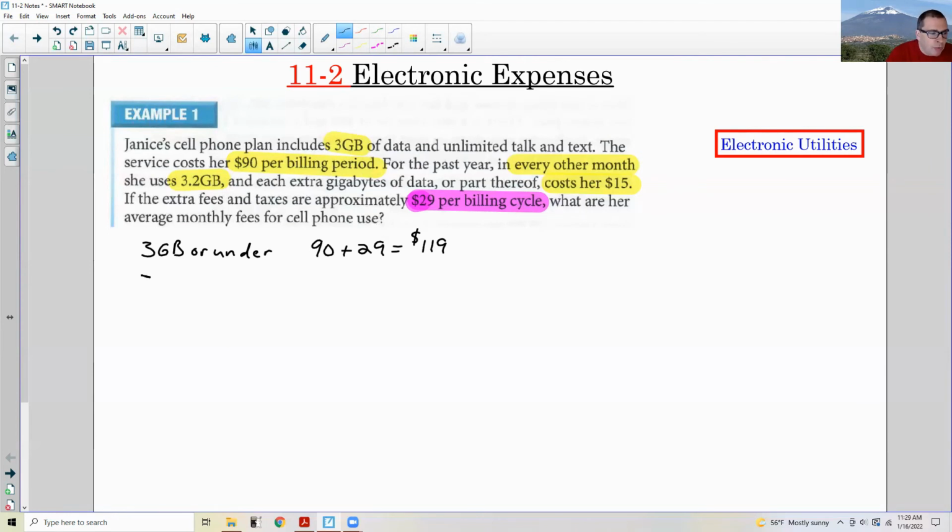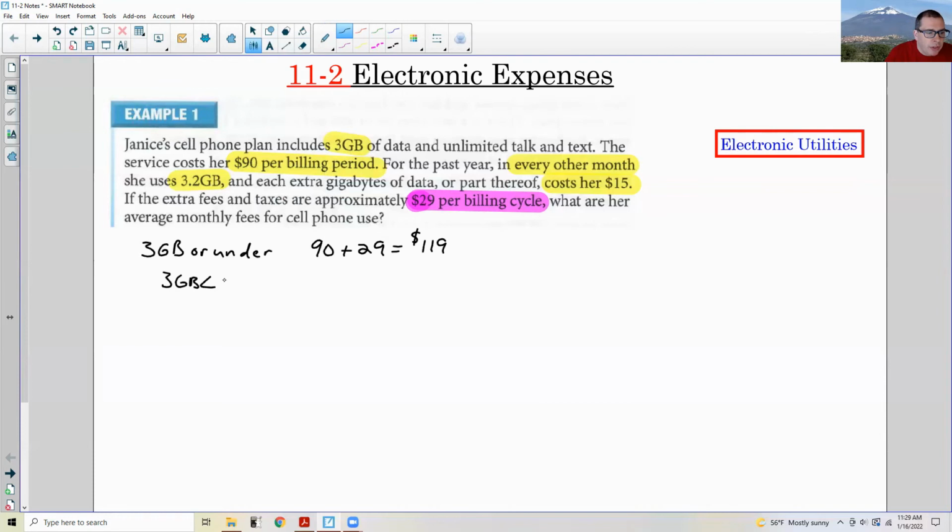Okay, if we are greater than 3 gigabytes, but less than or equal to 4, let me put that, greater than 3 gig, but less than or equal to 4. Let's make that a compound inequality.